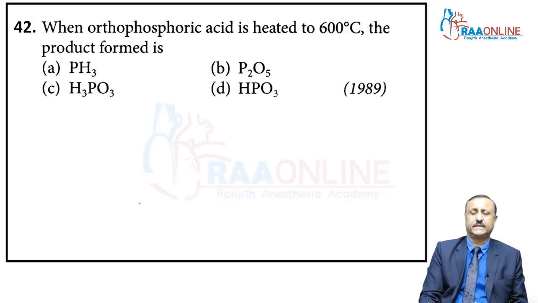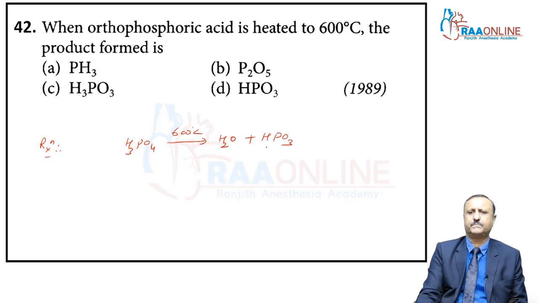Now my dear students, we can go to question number 42. When orthophosphoric acid is heated to 600 degrees Celsius, what is the product formed? Orthophosphoric acid, my dear students, is H3PO4, and when heated up to 600 degrees Celsius, H2O is evolved, and when this H2O is removed, the remaining part you can get is HPO3, and this HPO3 is called metaphosphoric acid.